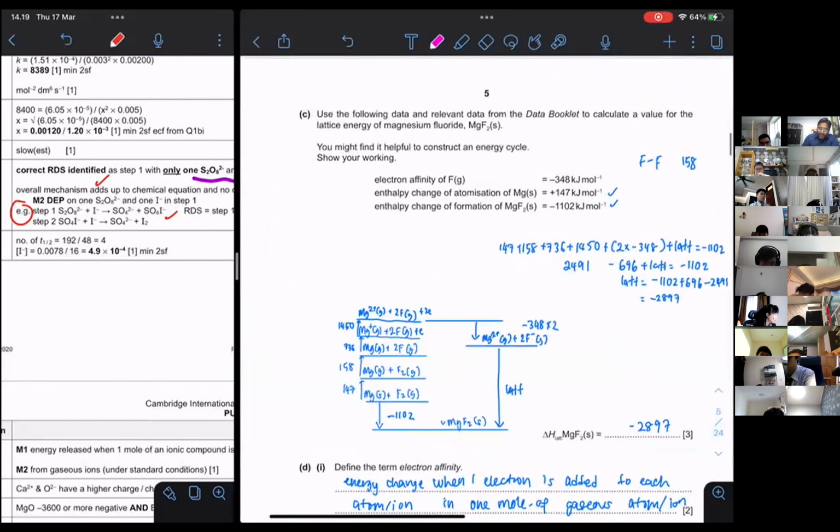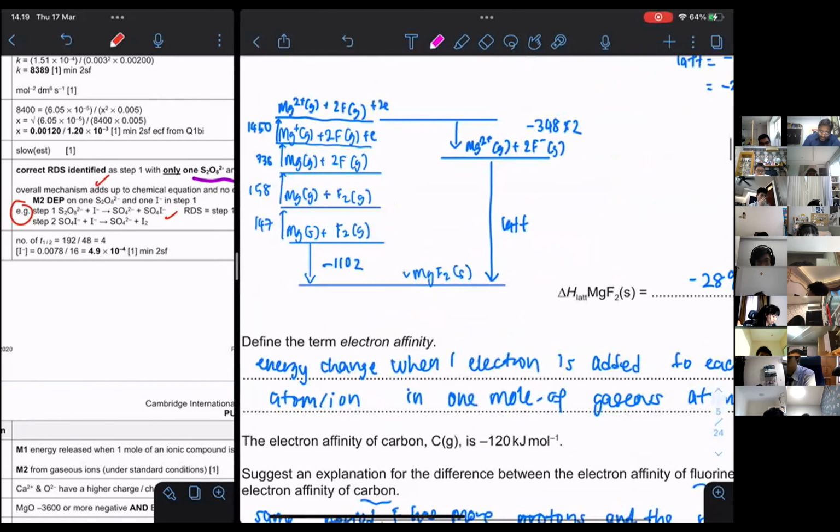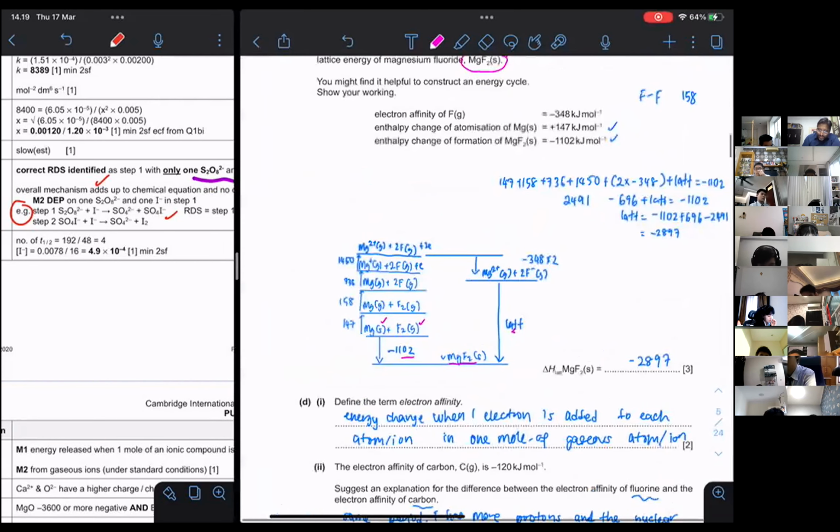So if you look at what you need to do first, it's going to be the lattice energy of MgF2. That is the first thing that I will write down, MgF2. If I want to find the lattice energy later, I'll put it over there. First of all, I need to look at the formation. How do I know it's negative 1102? It's given. So you draw going down.